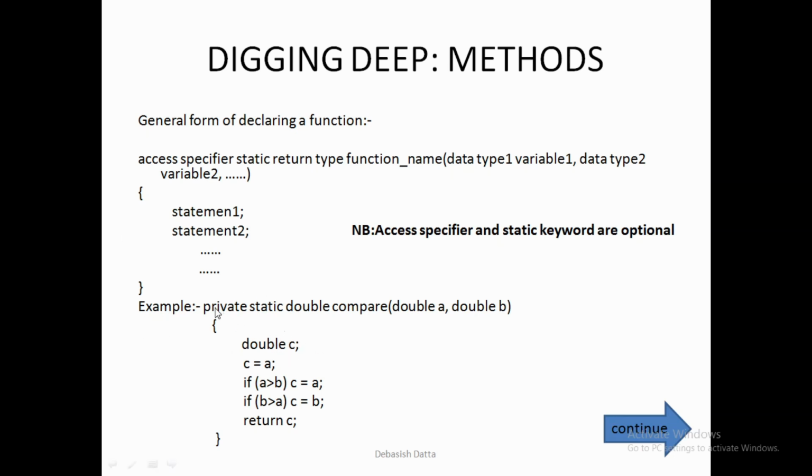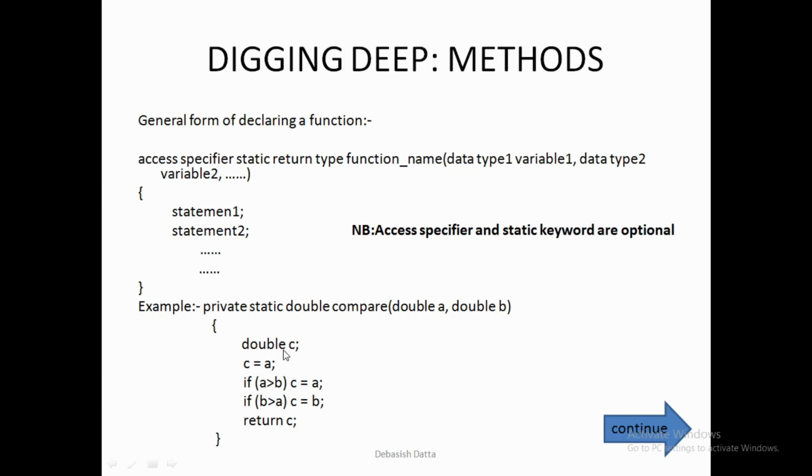As you can see, in this example we have put all the pieces of the general form of declaring a function. Access specifier is there, static keyword is also there, the return type is there, then the function name, which is compare, and then the parameter list.